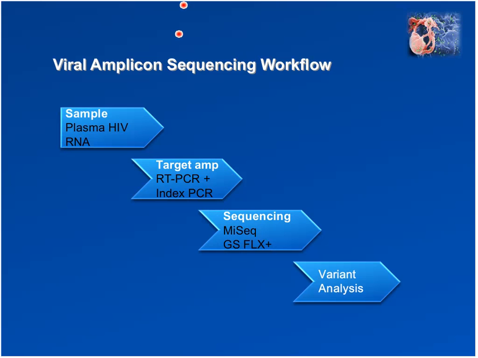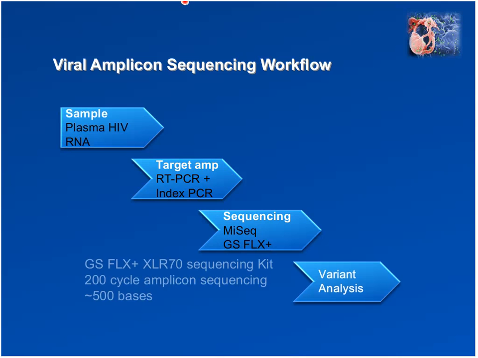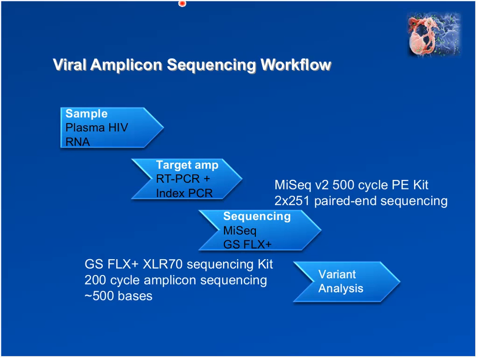For those of you who are interested in some of the finer details, as in which kits were used for sequencing on each instrument, we used the GS FLX Plus XLR70 sequencing kit on the GS FLX Plus, and we also used the MiSeq version 2 500 cycle paired end sequencing kit to generate paired 250 base reads.